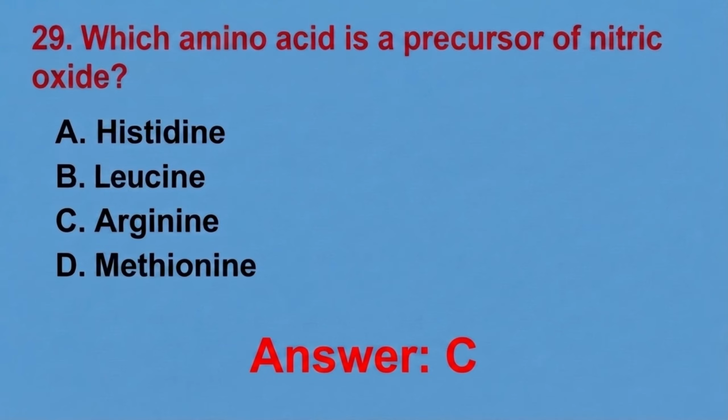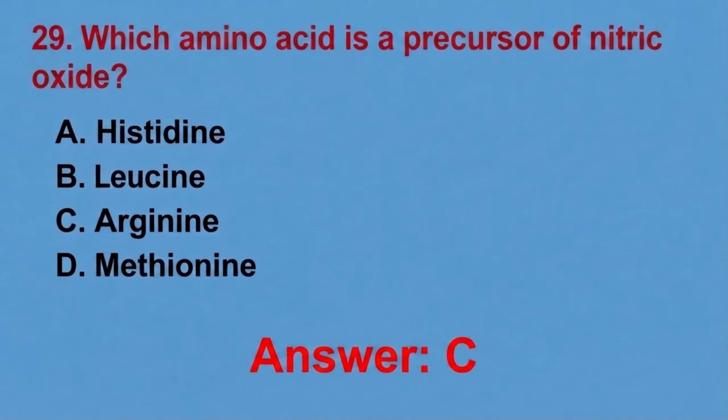Then why is option D not correct? Methionine is a sulfur containing amino acid that serves as the methyl group donor, but is not the precursor of nitric oxide.